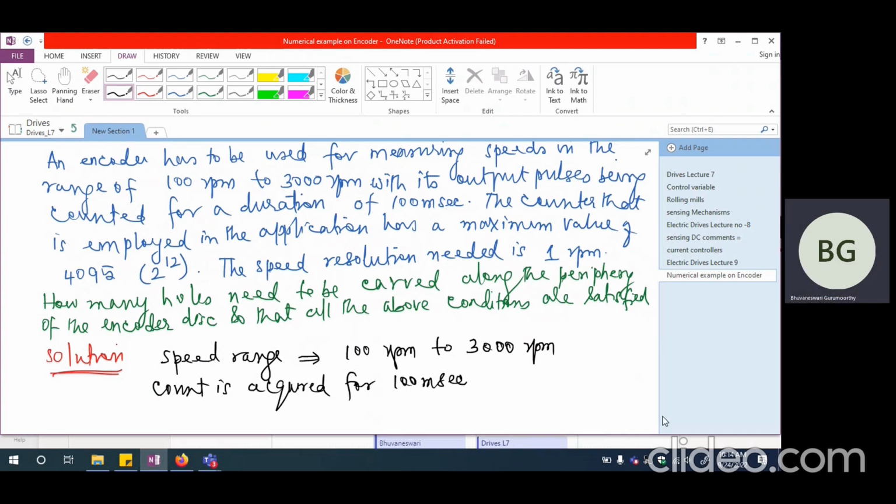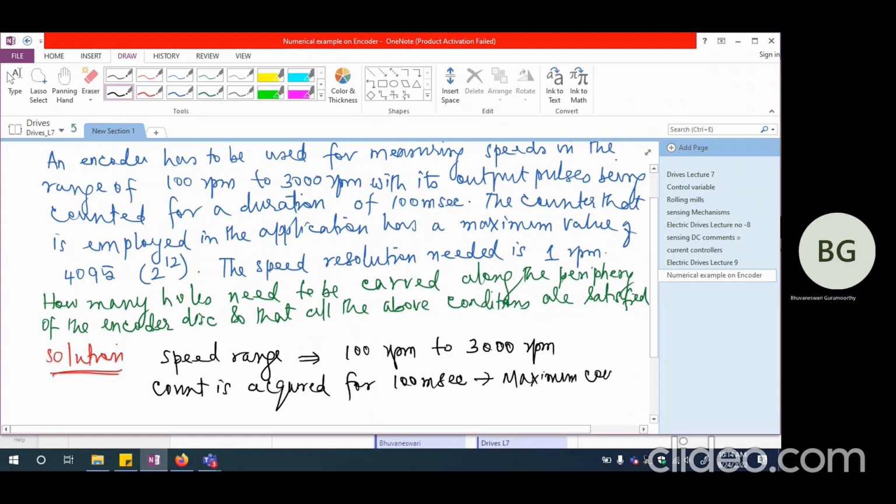So if a count is being acquired for 100 milliseconds and the maximum count is 4095, the maximum number of counts will come out for 3000 RPM.